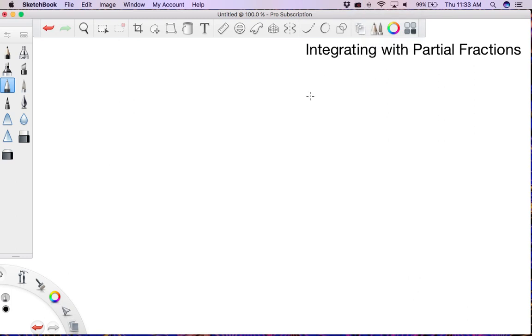Okay, so I think I've decided that the next scenario should probably be its own video because it's quite complex, but I am going to show you an example so you know what to look for. The example would look like this: 2x squared minus x plus 4 over a factor that might look like this.